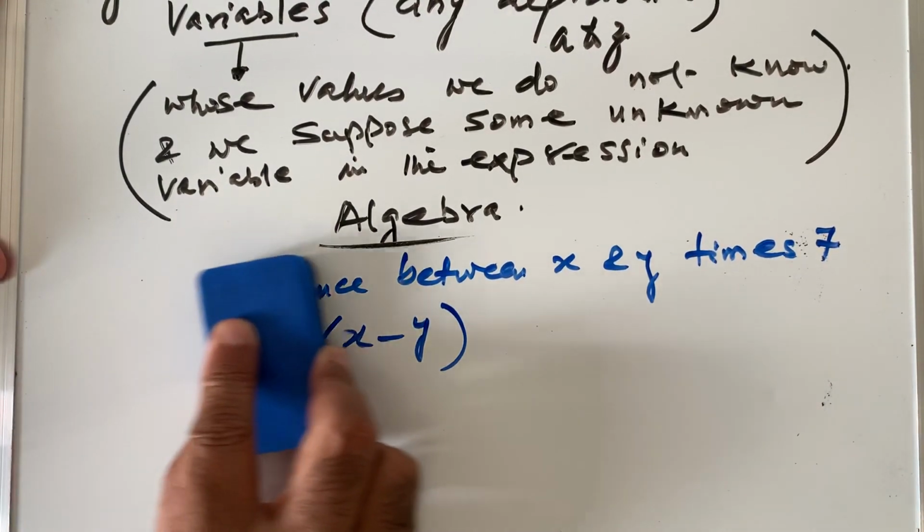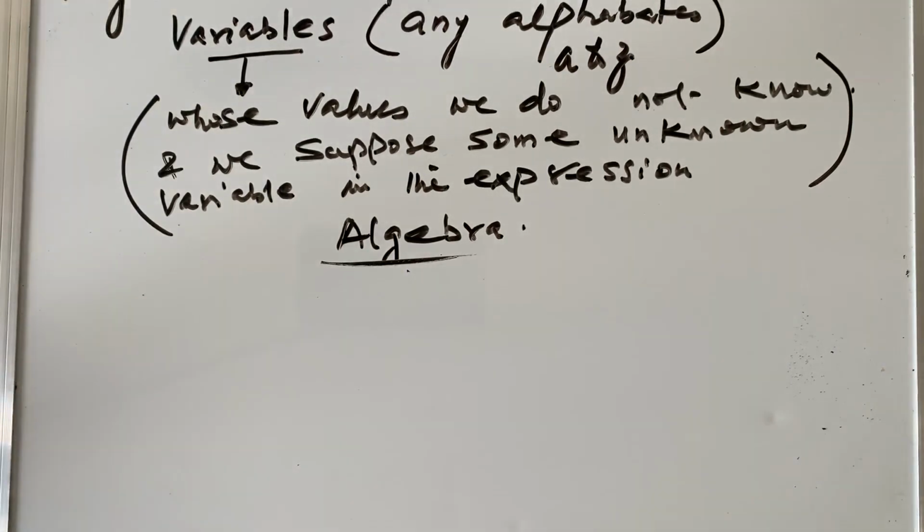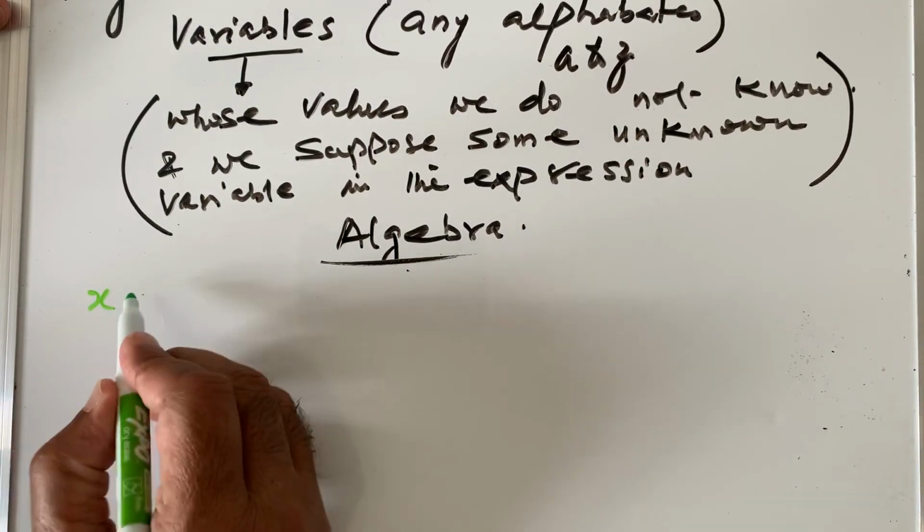Look at another example. Now we have x increased by 7 and minus y.